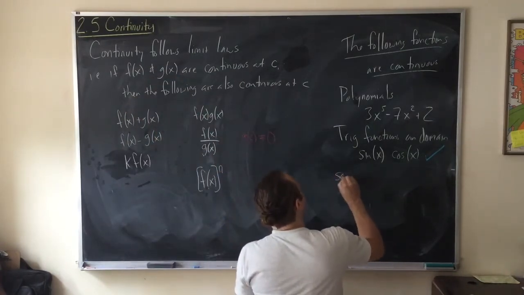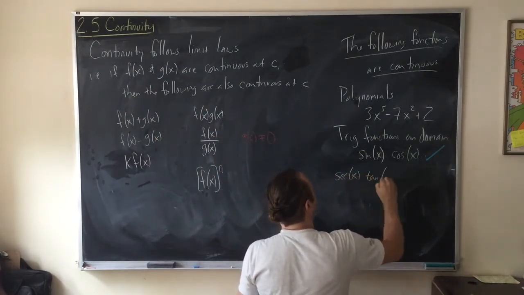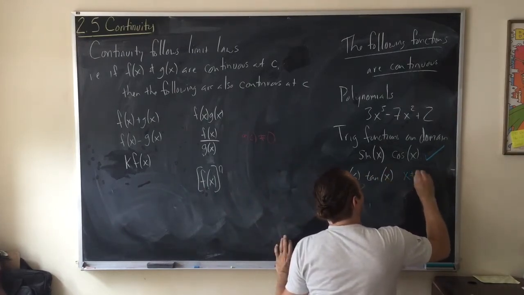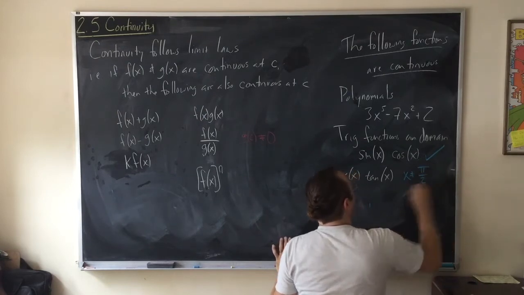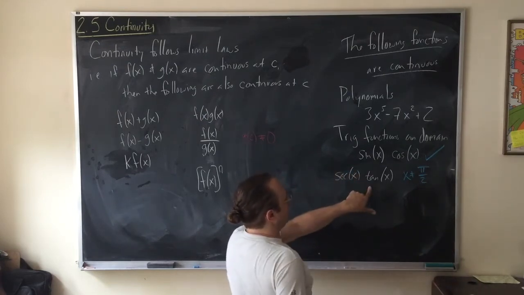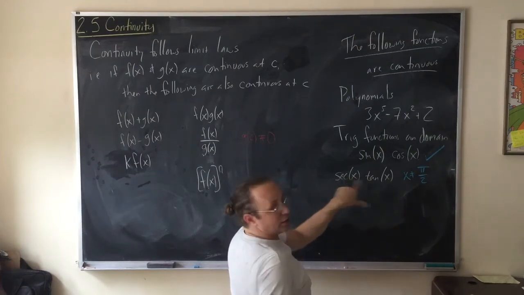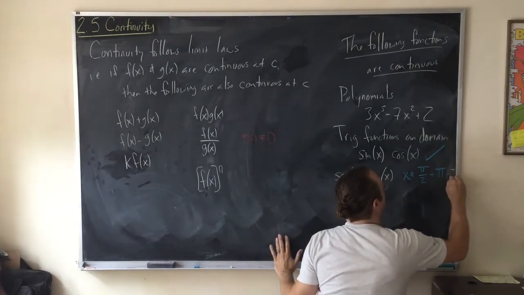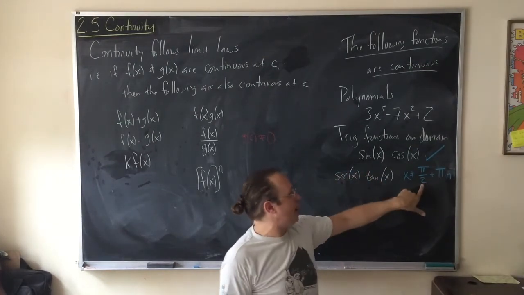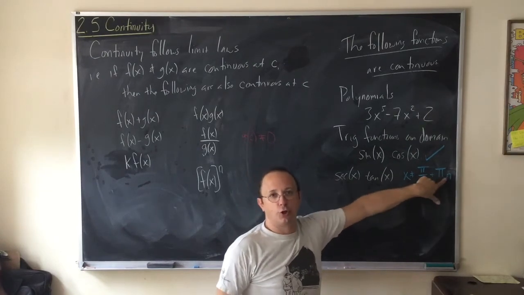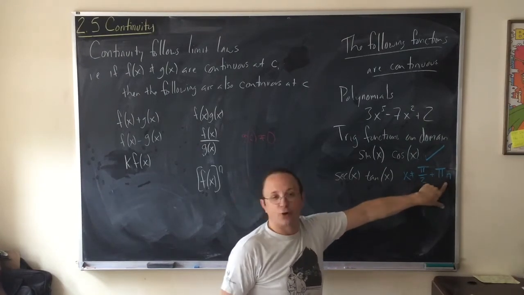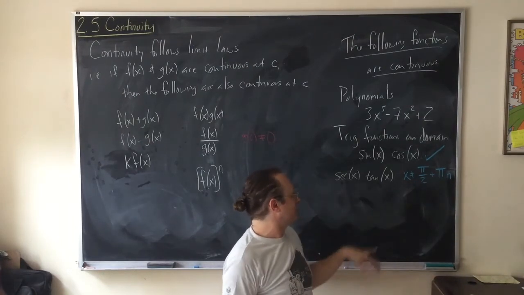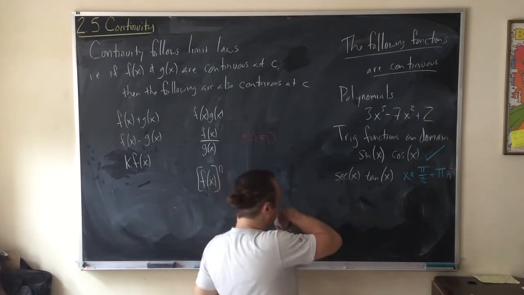I will point out that secant of x and tangent of x are continuous as long as x does not equal pi over 2, because you can't divide by 0, because it's secant and tangent, the cosine's in the bottom, that will require division by 0. And then I'm going to put plus pi n. And what this means is that you can take pi over 2 and you can add 1 pi to it, or 2 pi's to it, or 3 pi's to it, or you can subtract 7 pi's. These are exactly the points where cosine equals 0, and therefore this guy is going to be undefined.